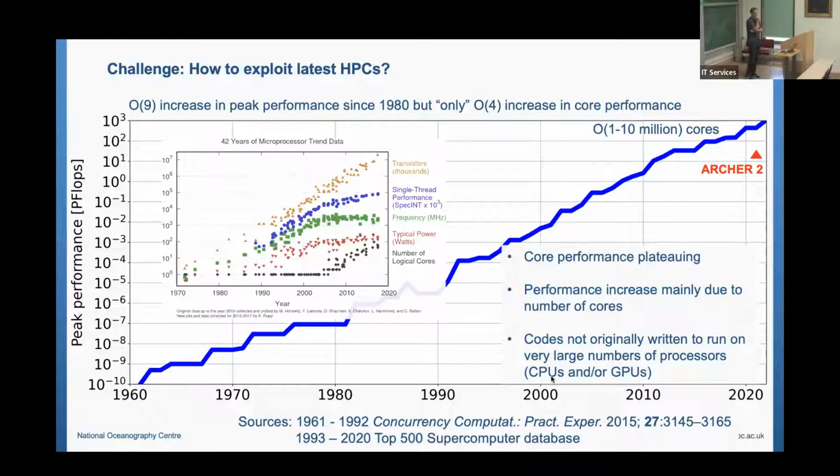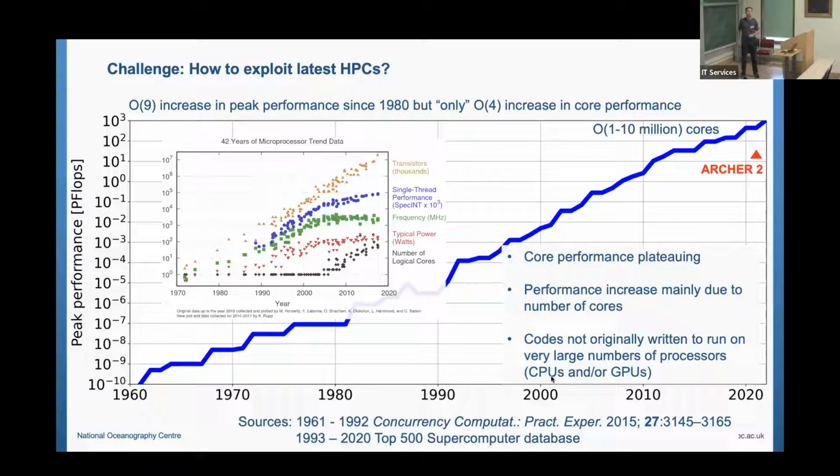Now, another challenge. I mentioned the staggering increase in computing power and our ability to produce data. However, even with what we can do now, we're actually far away from being able to exploit these latest HPC facilities.